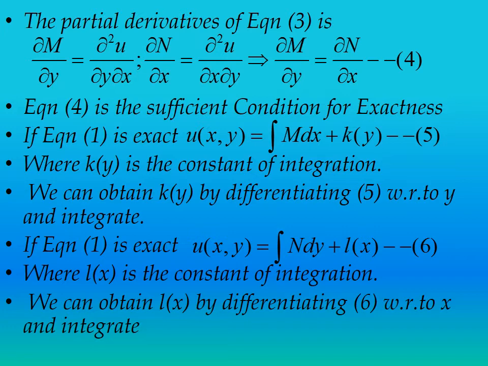Similarly, you can have a solution u(x, y) = ∫N dy + L(x). Here L(x) is the constant of integration, and this also can be obtained by differentiating the above equation with respect to x and integrating. In both the cases, equations 5 and 6 should be the same.